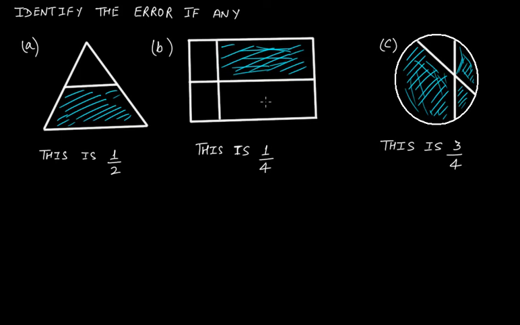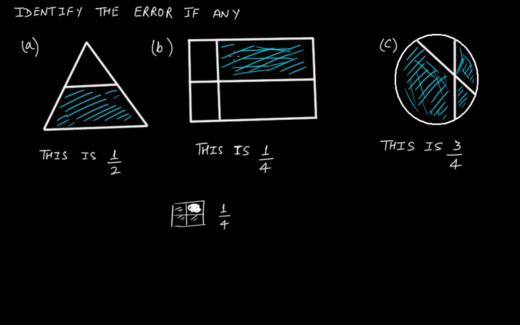Had it been the case where this particular square was divided into four equal parts, something like this, let's say that this is our square divided into four equal parts, then if we take this shaded portion, since it has been divided into four equal parts, this one shaded portion will represent 1 by 4.